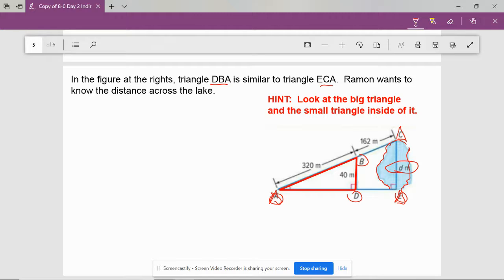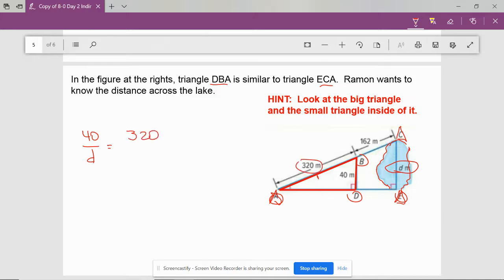So as we set this up, D is going to be similar to 40. So we're going to set up 40 meters over our unknown. If I use this side of this triangle, then I have to use what side? I have to use the side of this triangle, which is 320.